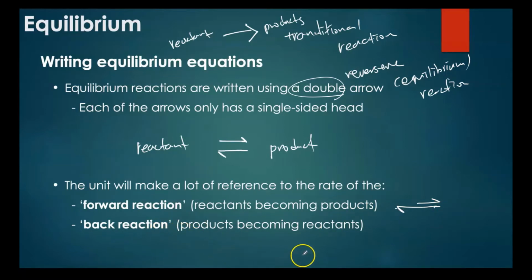If we have a back reaction, the products are becoming the reactants. In this case, the arrow that goes to the reactant side will be much longer than the arrow that goes to the product side. This is how we represent the reaction type, or the speed of the reaction.